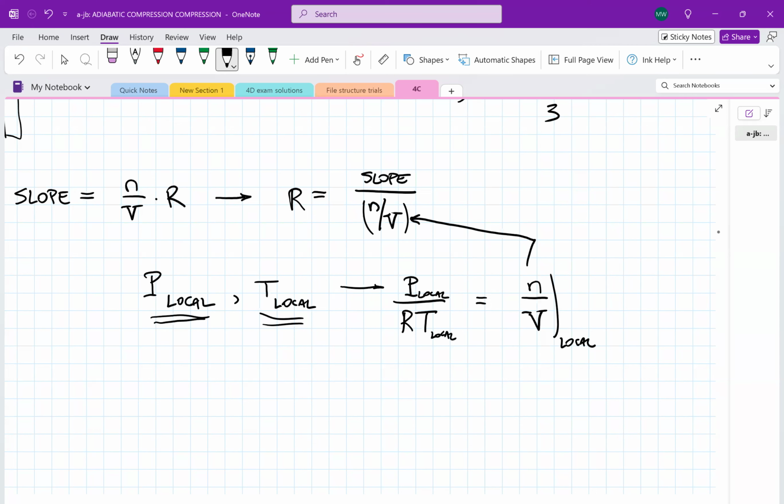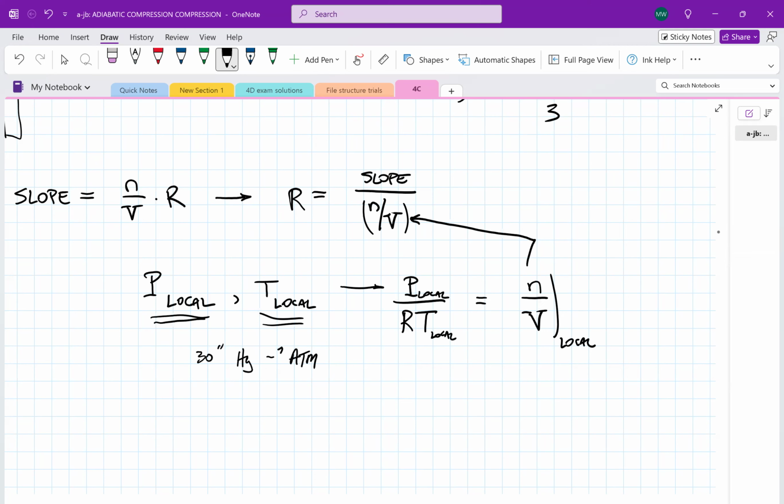What's the local pressure? Now, the local pressure is not going to be given in pascals or kilopascals. I can pretty much guarantee you that. It's going to be given in something like millimeters or inches of mercury. In inches of mercury, 30 inches of mercury, if I remember correctly, is atmospheric pressure.